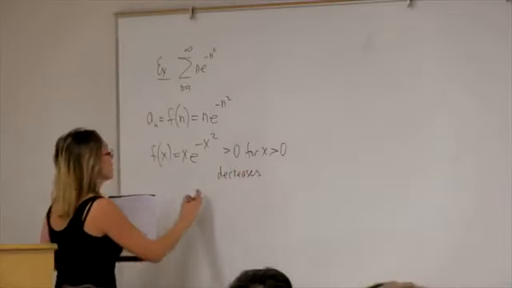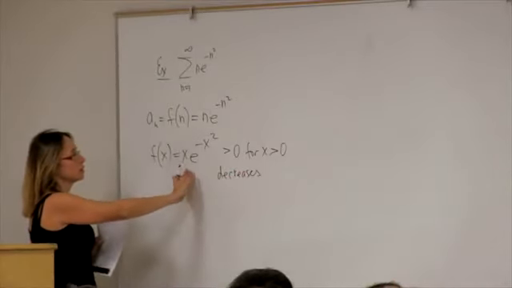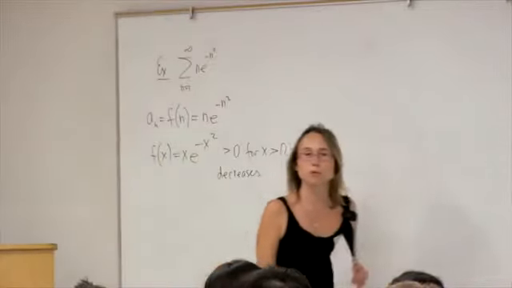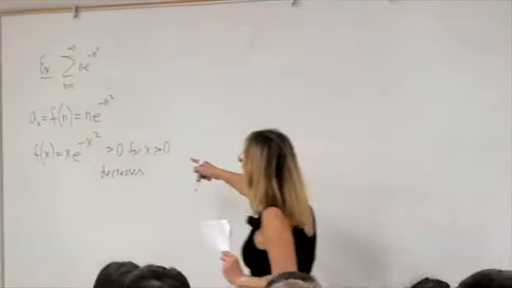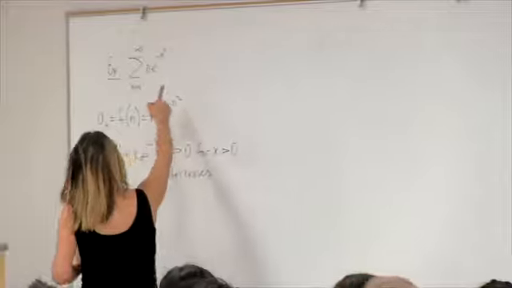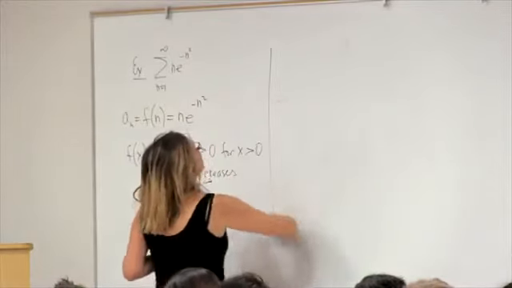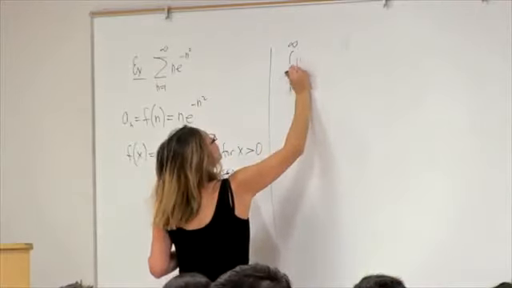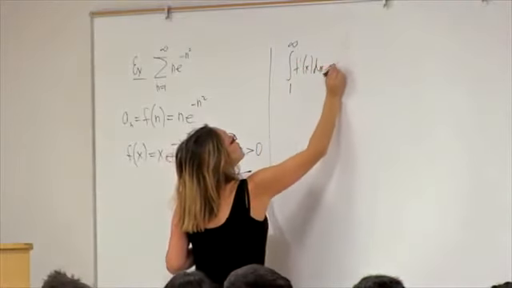And it's continuous, right? So this function is good to use for the integral test. That's the last test that we looked at. As long as the integral converges, my series will also converge, and the other way around. So we have to look at the integral of f of x dx.